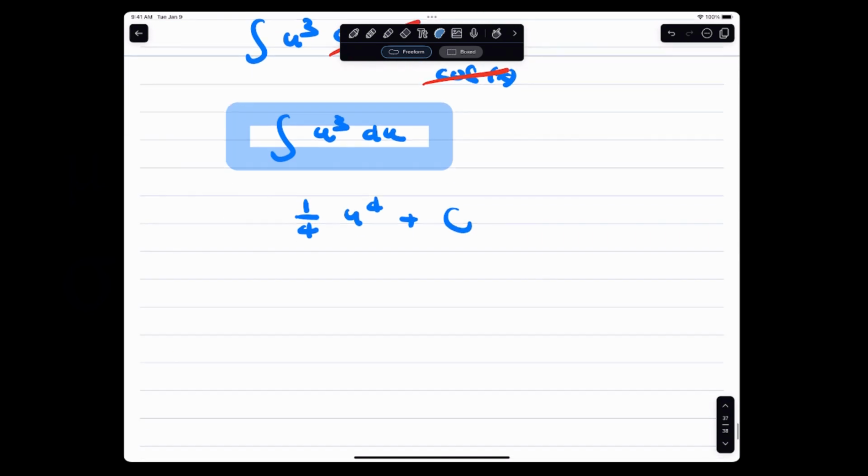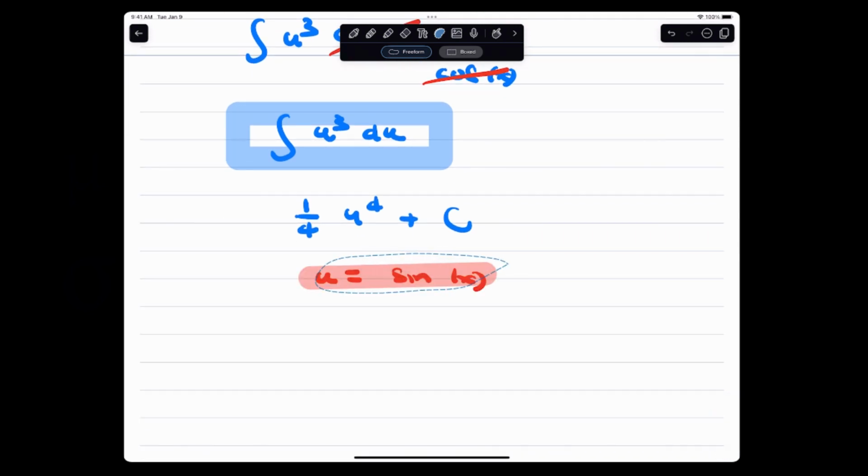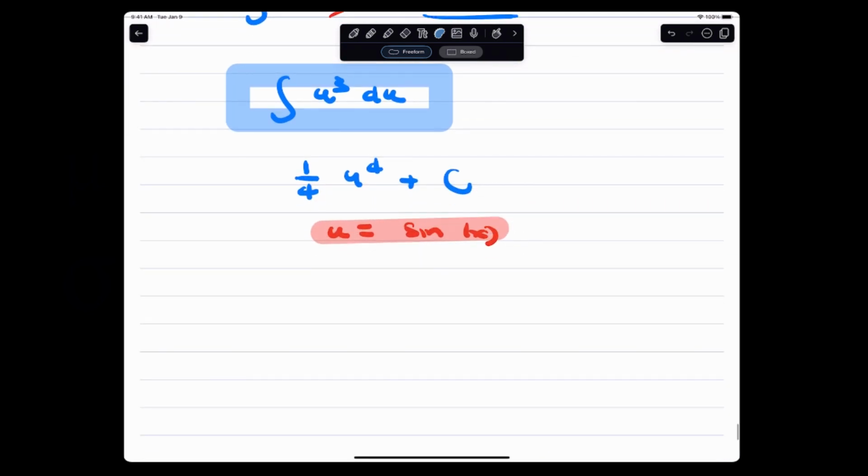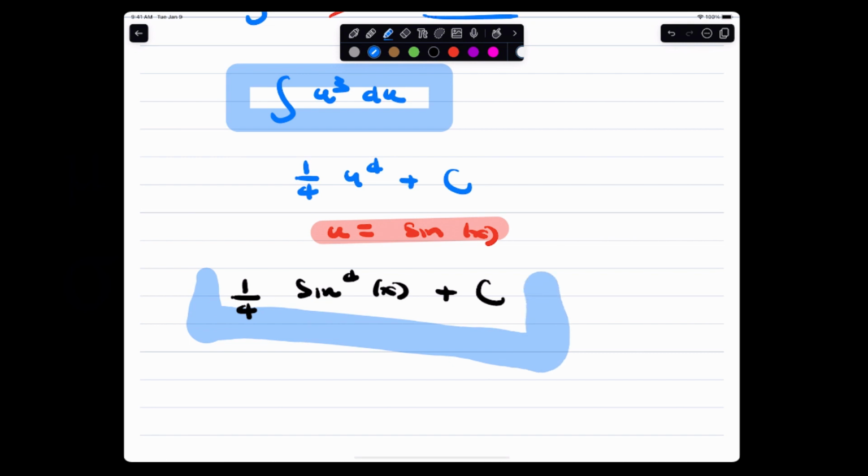Or u is sine, whatever. So as you write your function in terms of x, 1/4 sine to the 4th power x plus what? C. All right?